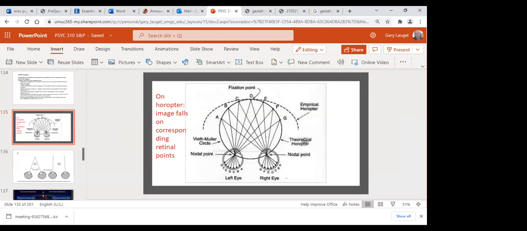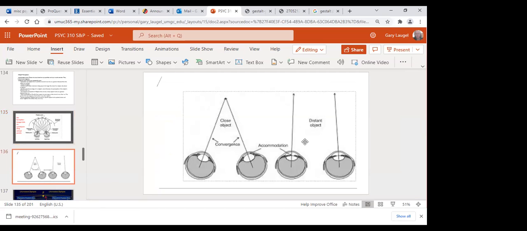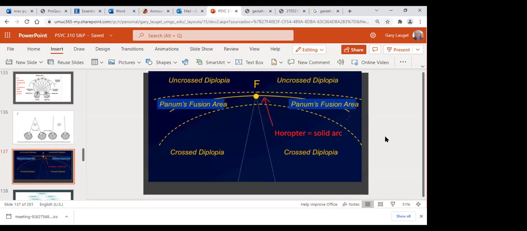There's an important idea in this area called the horopter. The horopter is like a solid line that goes through your fixation point, right? So this person is fixated on this thing. The fixation point is just what you're looking at. That's all the fixation point is. So the stimulation is coming into both eyes, on your two retinas.